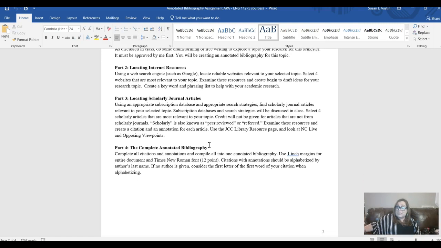I did have a question this week from a student who had found a really good source in the preliminary process, and she wanted to use it in this assignment for the scholarly research. She explained it to me, and it worked.